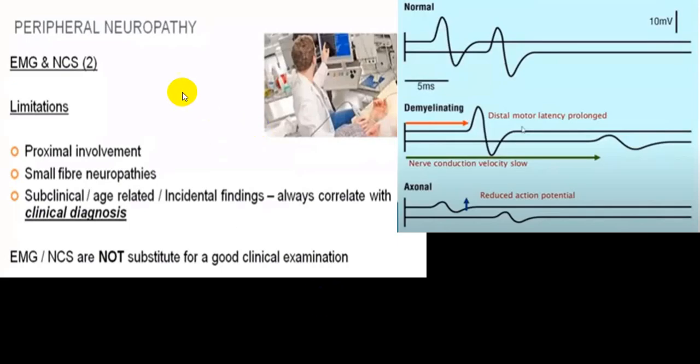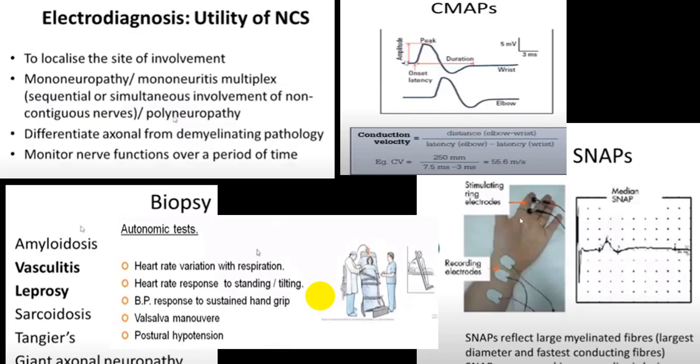There are certain limitations, because with proximal involvement, small fiber involvement, and subclinical involvement, you might find little problems. I am not going into detail. Even I find difficulty in these groups. So nerve conduction study and biopsy are important in certain groups.